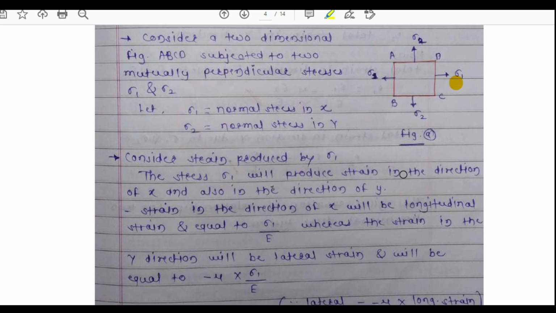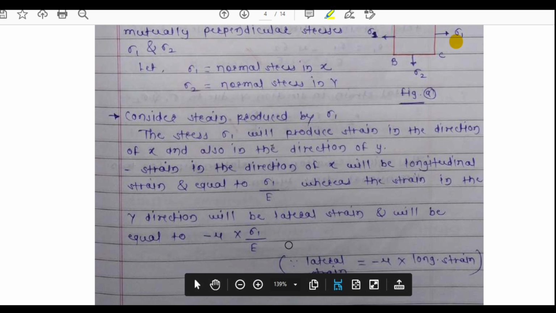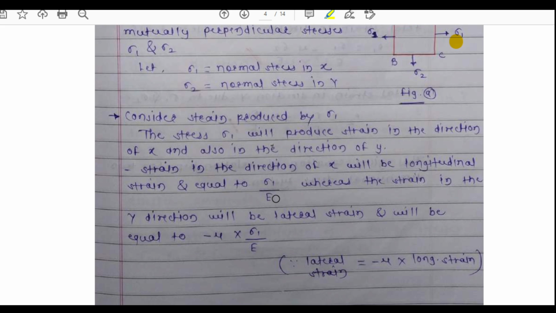Now this is very simple. The strain in the direction of x can be written as sigma 1 by E. This is the formula of strain only. That means Young's modulus equals stress upon strain. So I have shifted the strain to the left hand side, and strain equals stress upon Young's modulus.